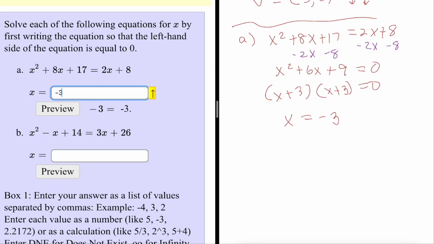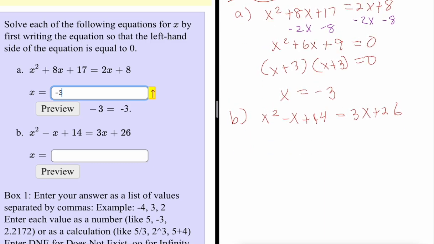Now, part B asks us to solve that one. See how they say first solve by getting equal to 0. So I'm assuming they want us to factor it. So I'm going to subtract 3x and subtract 26 from both sides. And that factors to be (x minus 6)(x plus 2).